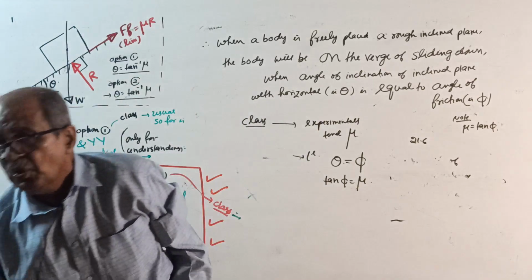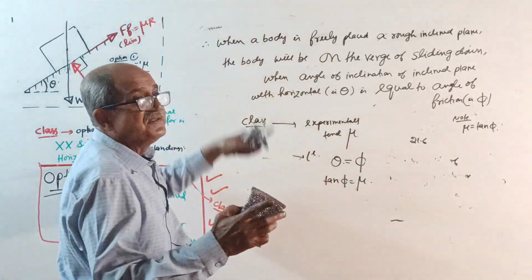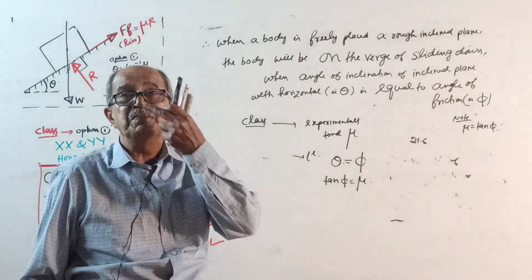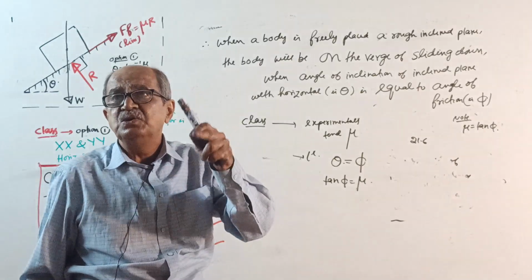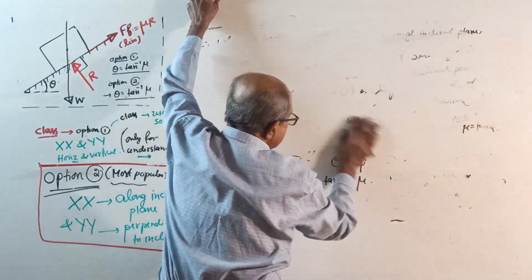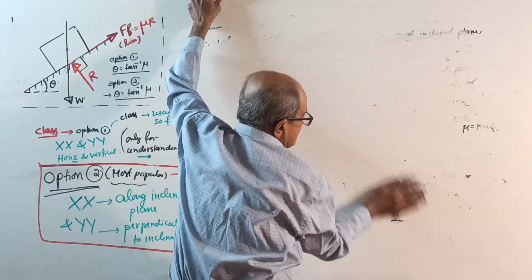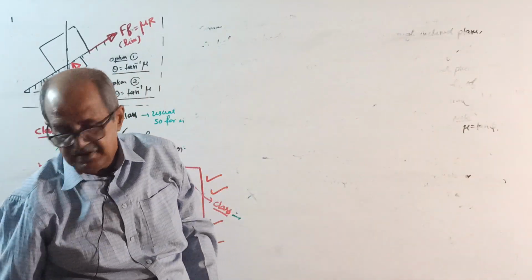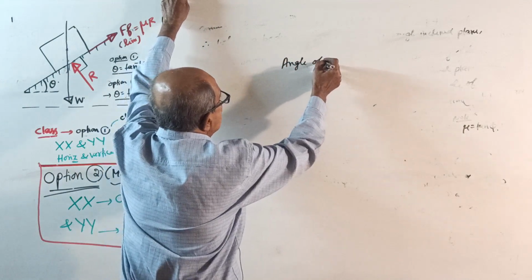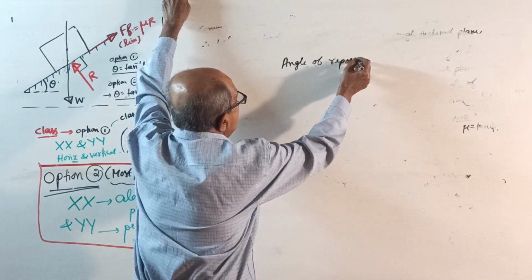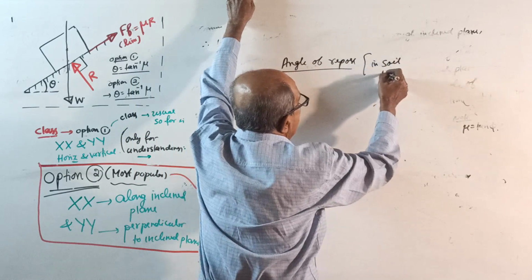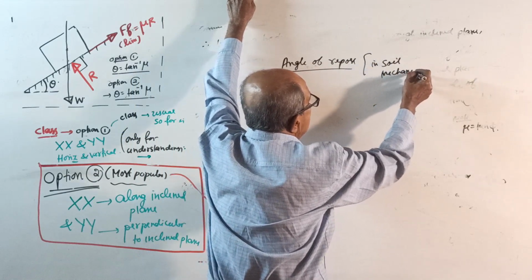Okay. Now, in the title you can see today's class, important concept of inclined plane, and related to one word I will use here, something related to soil mechanics: angle of repose. This is very popular in soil mechanics.